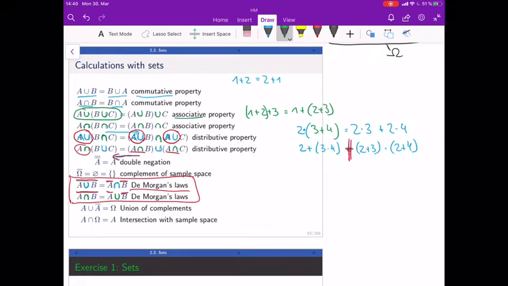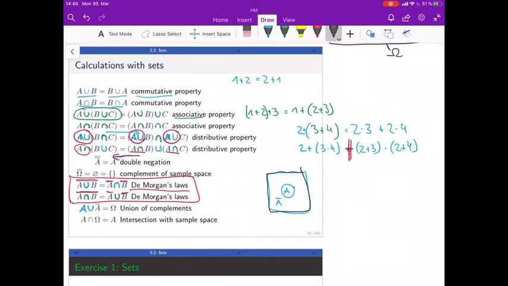Sometimes as a little trick, this one helps. It seems obvious, but A union not A is everything. If you visualize that, you've got A and everything that's not A is here. If you join them up, we get everything.